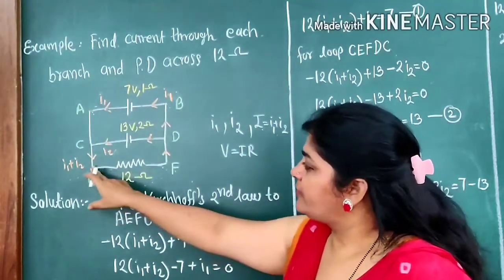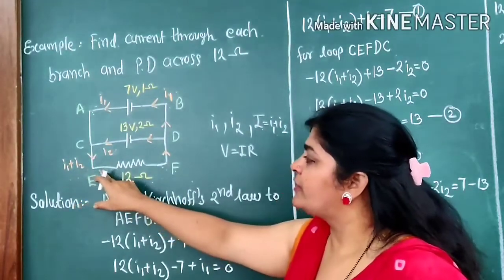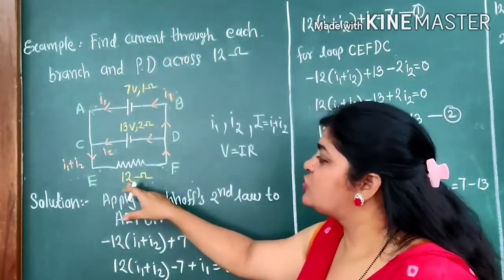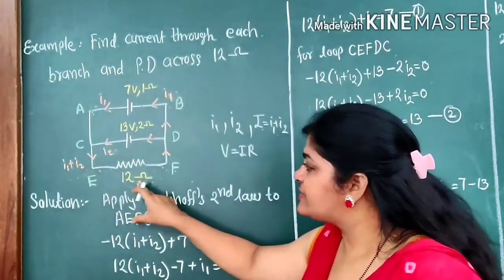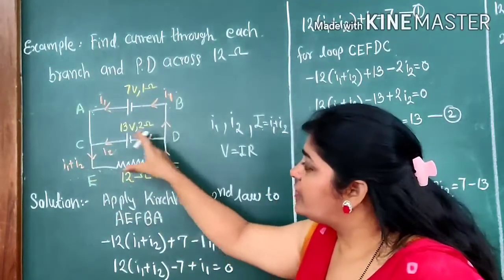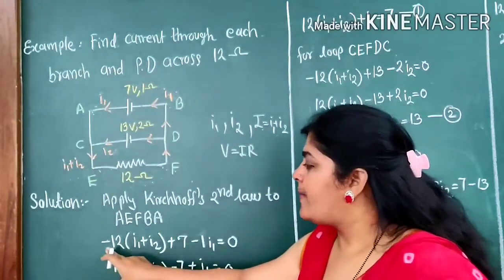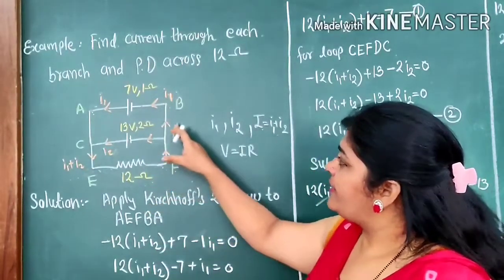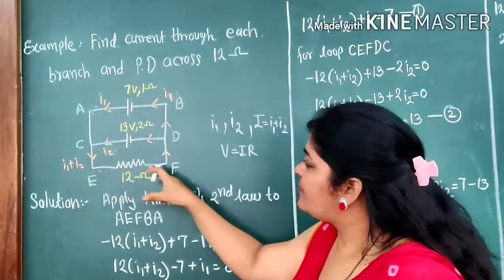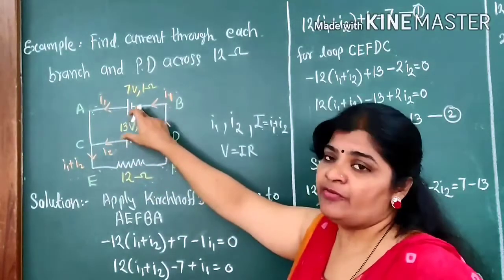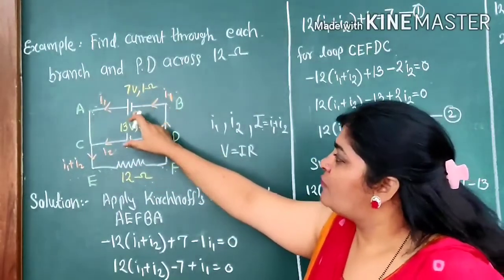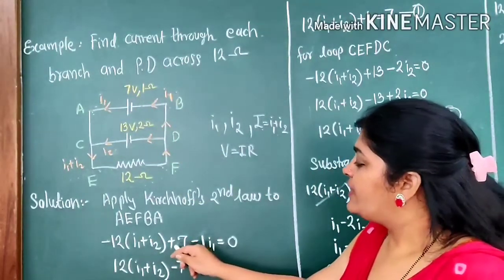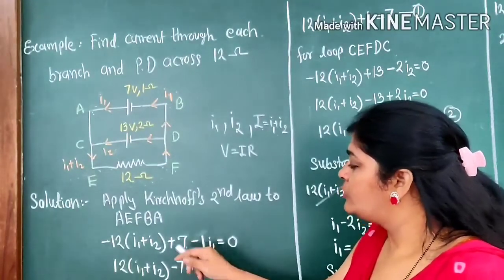In this branch, I1 plus I2 is flowing through EF, and the resistance is 12 ohm. That's why the current into resistance, in the direction of the current, is taken as negative: minus 12 into (I1 plus I2). Next, in the same direction of the current, we get the EMF E1. This EMF, from negative to positive, is taken as positive: plus 7 volt.